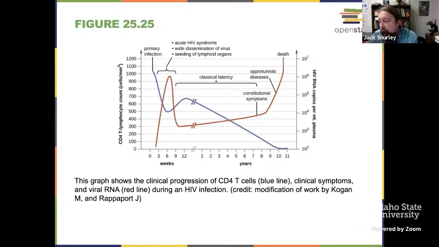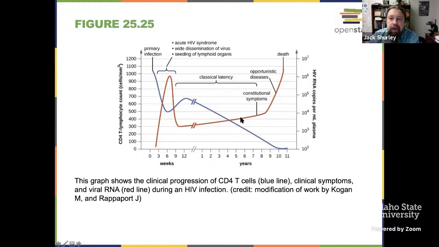So as we think, with treatment, we can keep the blue, the CD4 cells, at high levels for prolonged periods of time, and the red, the viral copies, we can keep them low for a considerable amount of time as well, pushing this from years, or a potential decade, maybe to decades, maybe to levels that are virtually undetectable, and the likelihood of transmission at these points would be very, very small.